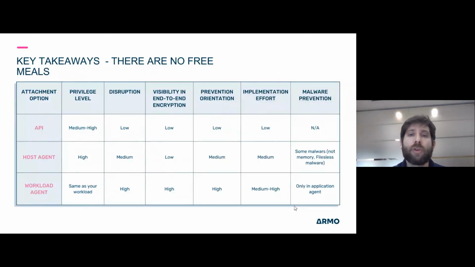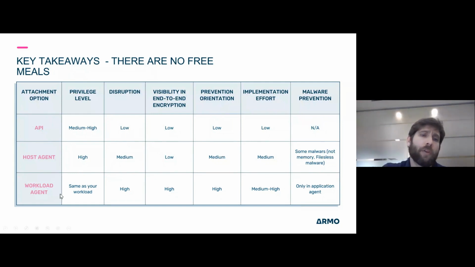So I'm going to try and summarize what I've said so far, and then I'm going to show you a demo that I think will explain by itself what options you should consider when you're trying to choose your Kubernetes security solution.